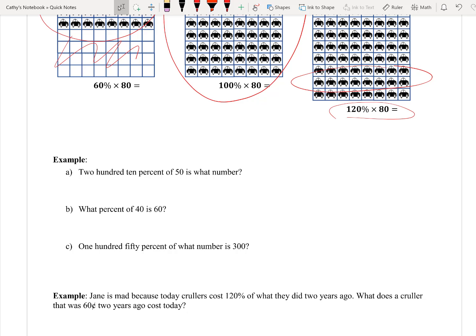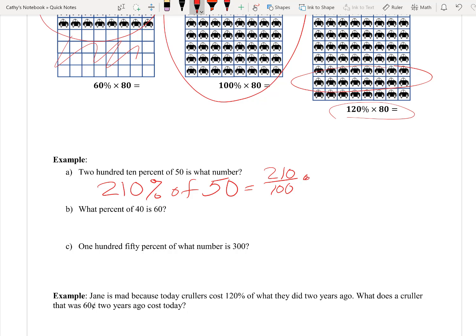All right, so 210% of 50. If you say 210% of 50, that means 210% times 50, all right? And you can write 210% as a fraction, like 210 over 100. Remember that percent means per 100.